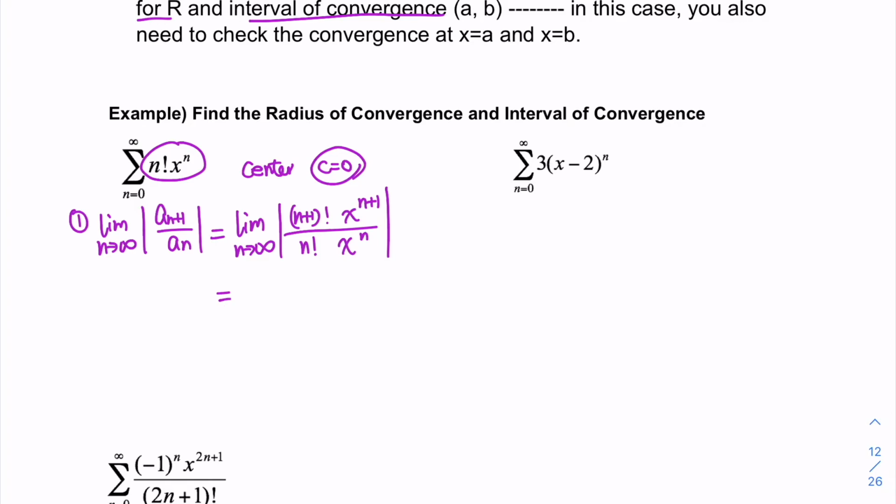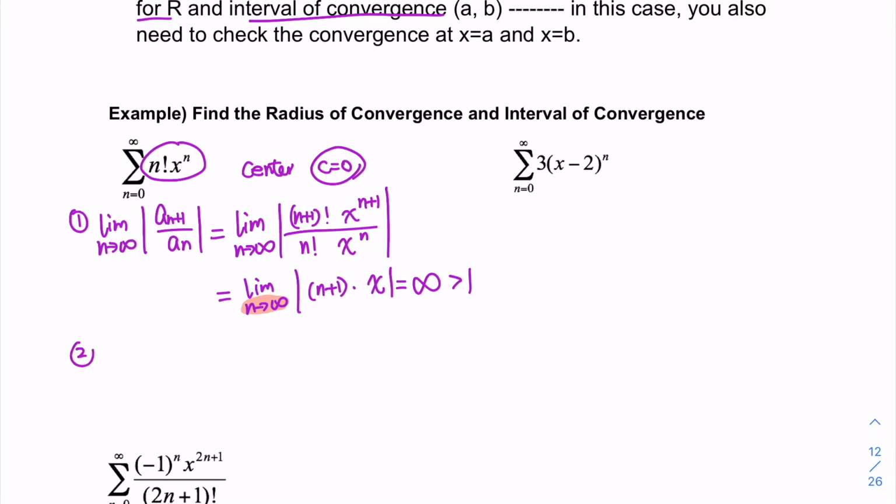Now we simplify it. So it's the limit as n goes to infinity of (n plus 1) times x to the n plus 1 divided by x to the n. This is what we have. Now we only look at n going to infinity, so we can treat x as a constant. As n goes to infinity, this is infinity, which is always greater than 1.